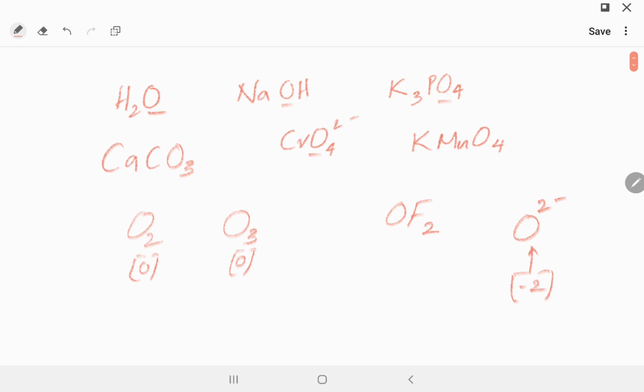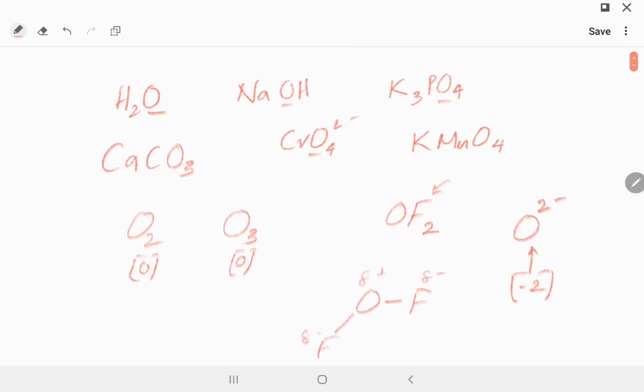So fluorine is the only atom that has a higher electronegativity than oxygen. So when oxygen and fluorine are bound to each other, you know that fluorine is winning. So it will be partially negative, and oxygen will be partially positive.